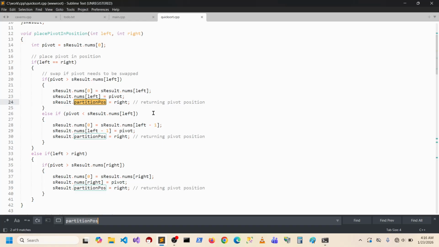Well, okay, wait. The partition position, that's where it's going to be inserted. So it actually has to be below. Since the partition position or pivot is on index 0, this has to be, well, place pivot in position.